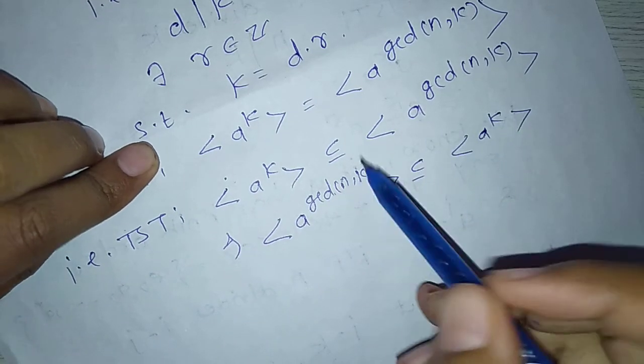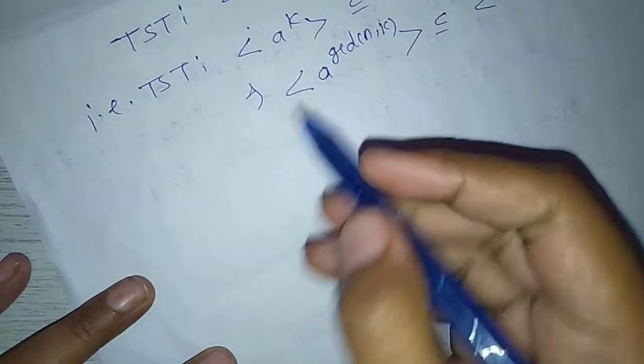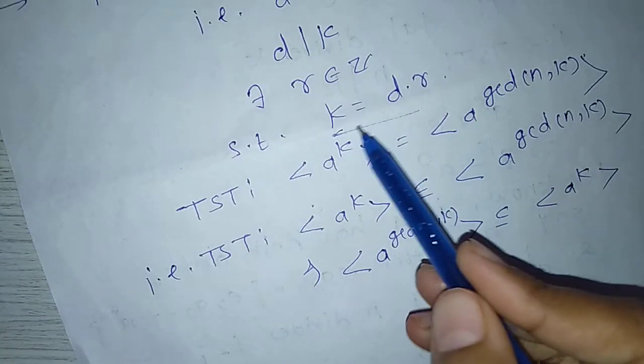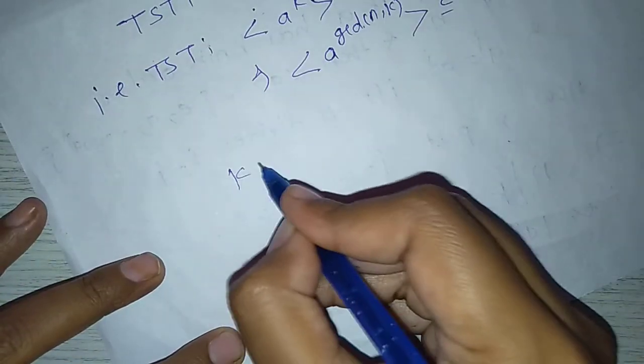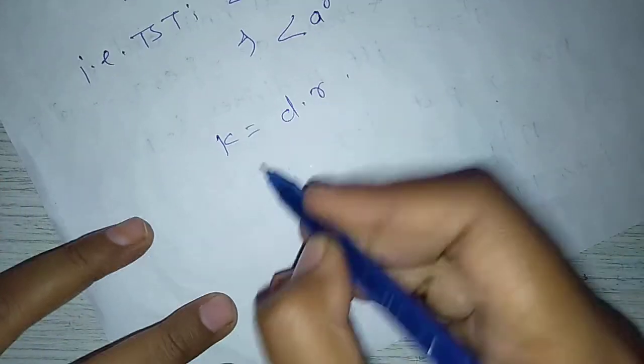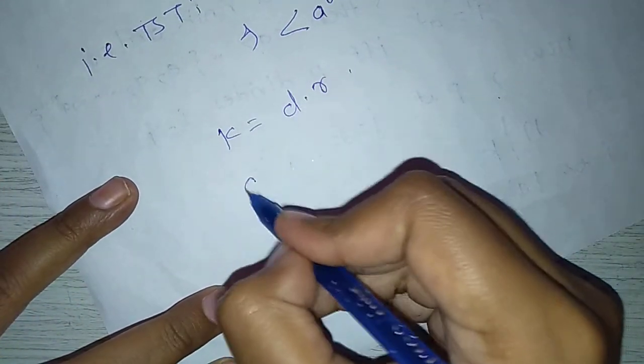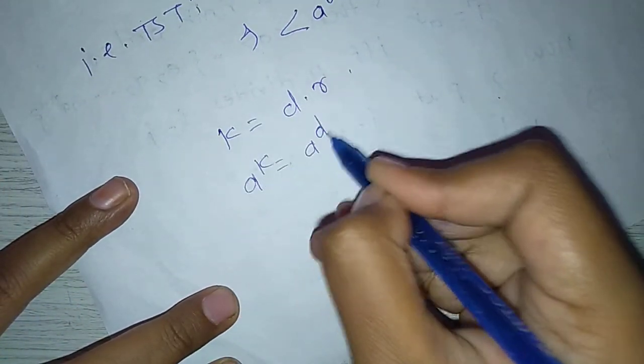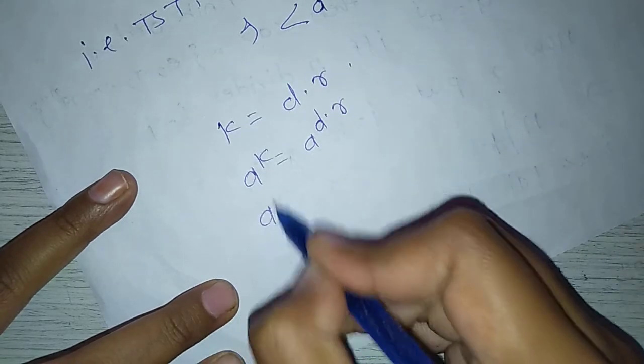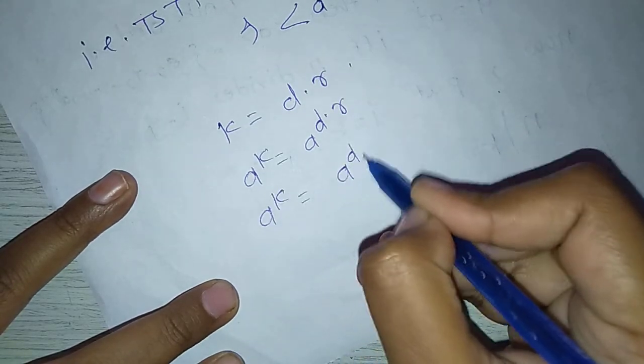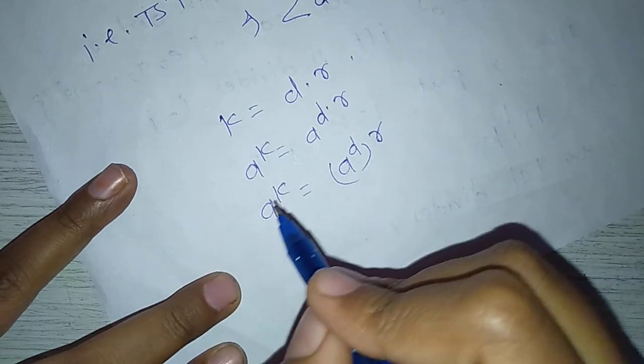Here GCD of n, k equals d, and k equals d into r, which means a raised to k equals a raised to d into r, that is, a raised to k equals a raised to d, raised to r.